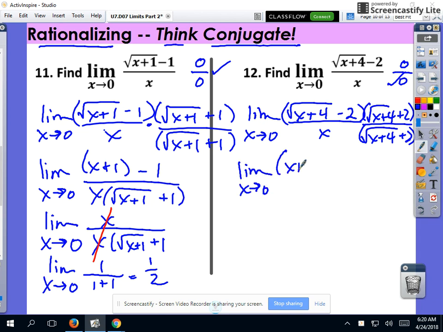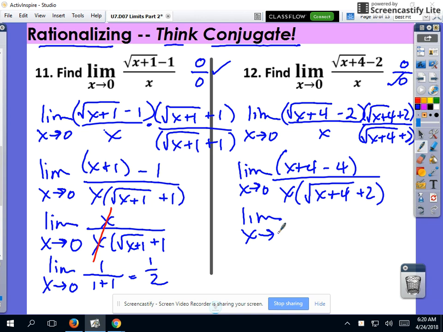you get x plus 4. The two center terms cancel like we saw before, because we have positive 2 root x plus 4 and then negative 2 root x plus 4, and then minus 4. Square root of x plus 4 plus 2. And let's see if something pretty happens in the top. It looks like it will.